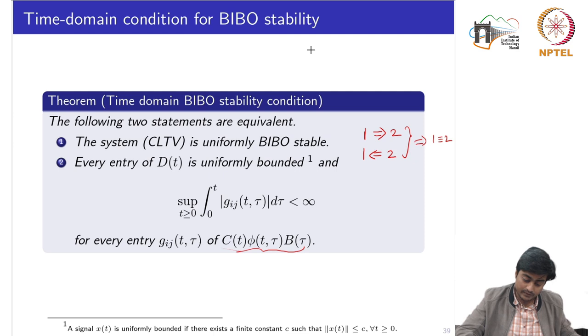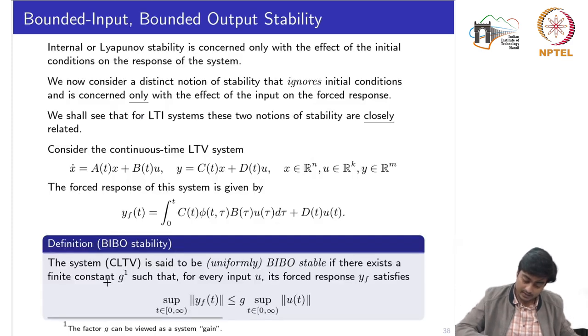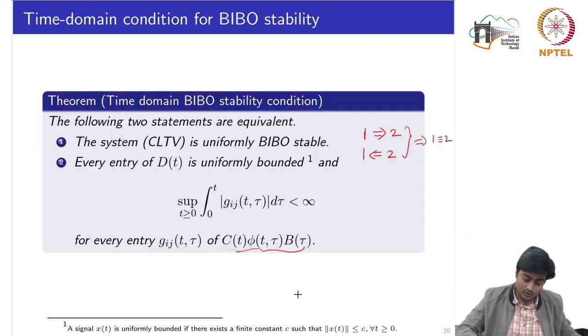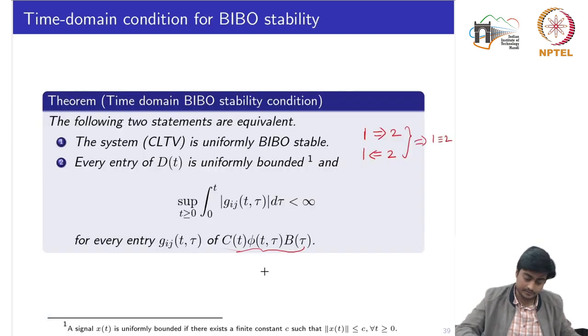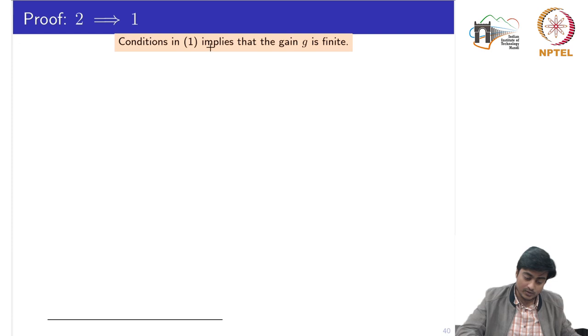If we go back to the definition of uniformly BIBO stable, we say that the system is uniformly BIBO stable whenever there exists some finite gain constant G such that this equation is satisfied. So either saying that the system is BIBO stable or that there exists a G is equivalent. So we are going to prove that there exists some gain G which is finite.